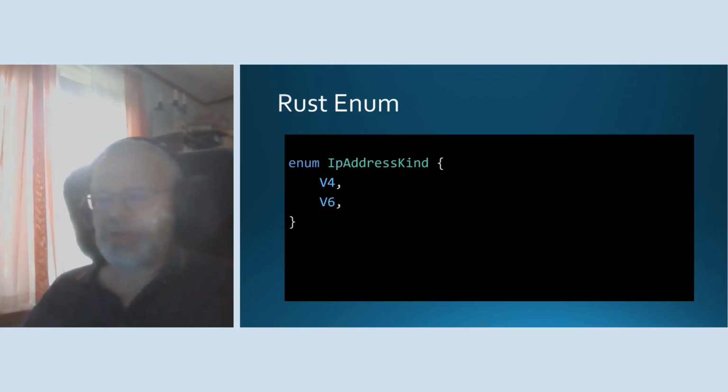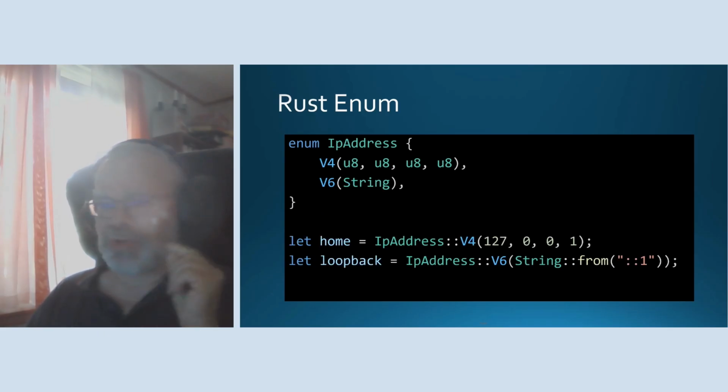In enum, Rust has an enum type, and that is a type that can have a limited number of values. In this case, we have version 4 and version 6 of IP addresses. Those are the only two values that can exist. But what you also can do in Rust is that you can attach values to your enum.